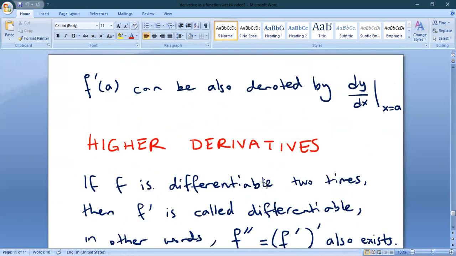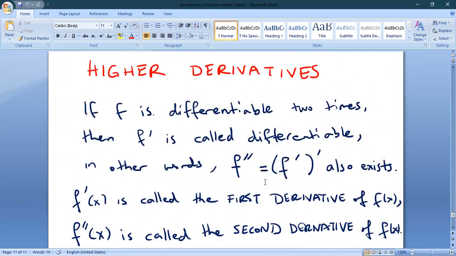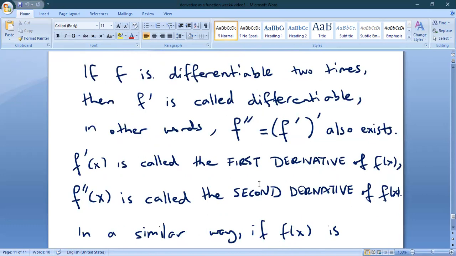And then we can have higher derivatives, like if, for instance, f is differentiable 2 times, then f prime is also differentiable, which means f double prime, which is the derivative of the first derivative, also exists. Okay, so f prime is called the first derivative of f, and f double prime is called the second derivative of f.